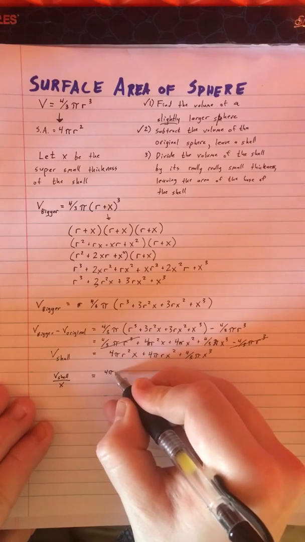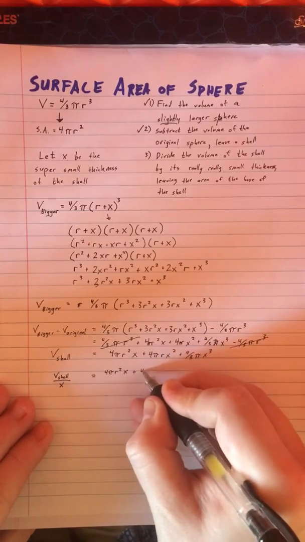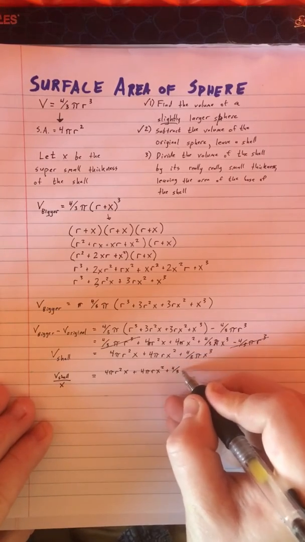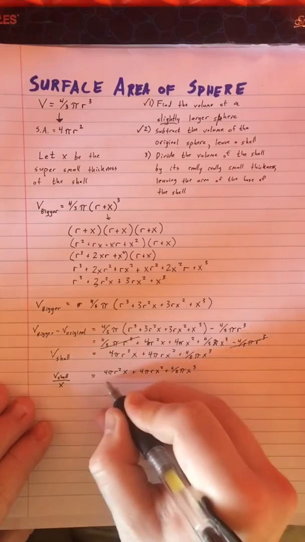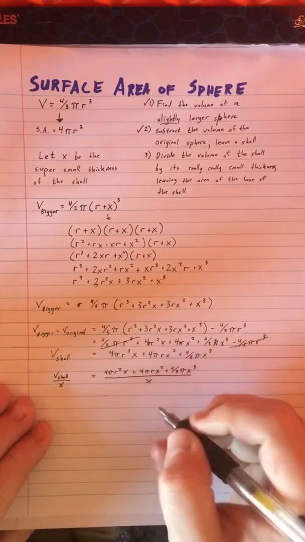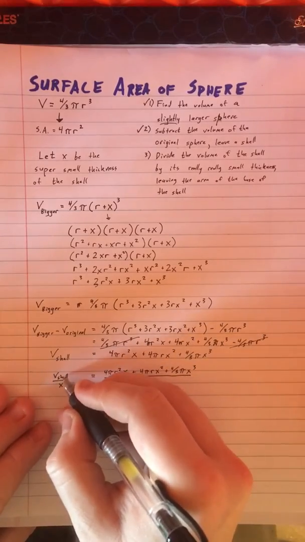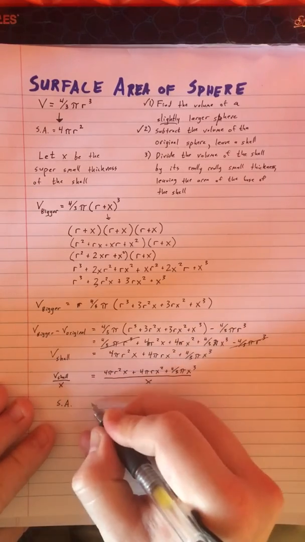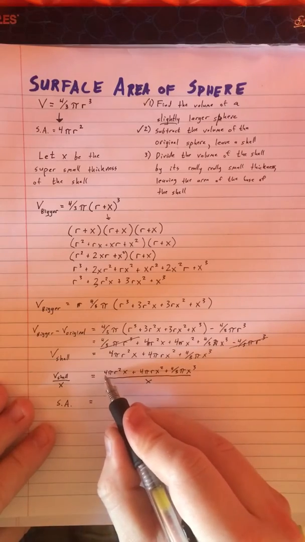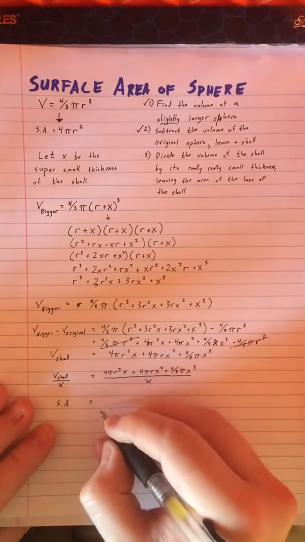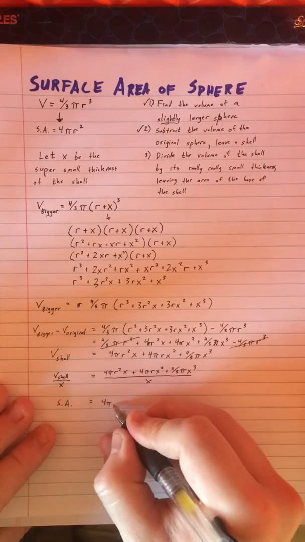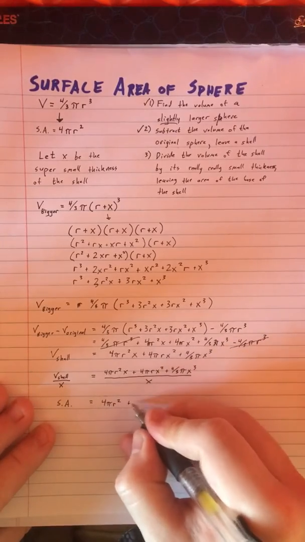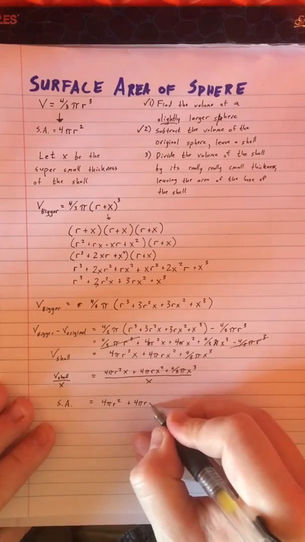4 pi r squared x plus 4 pi r x squared plus 4/3 pi x cubed all over x. The volume of the shell divided by its thickness is going to be the surface area of the sphere. 4 pi r squared x divided by x is 4 pi r squared. 4 pi r x squared divided by x is 4 pi r x.